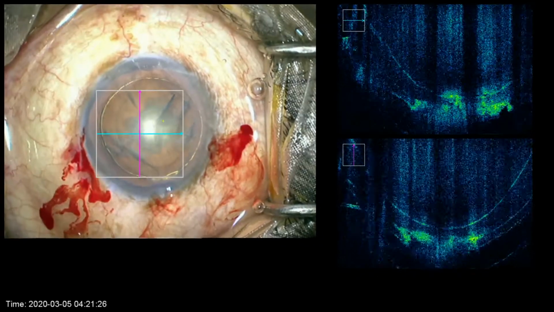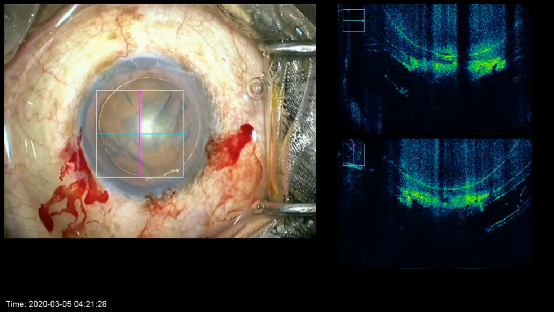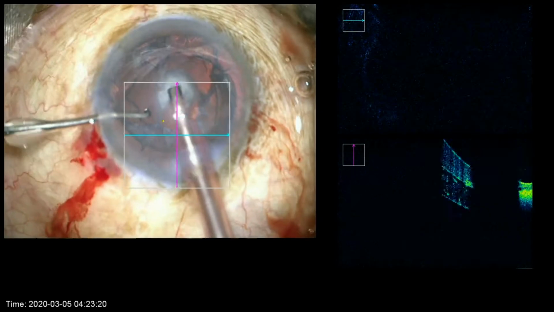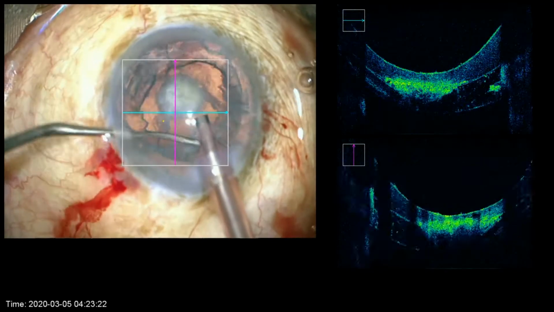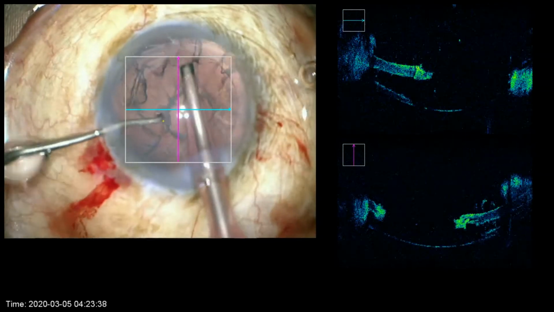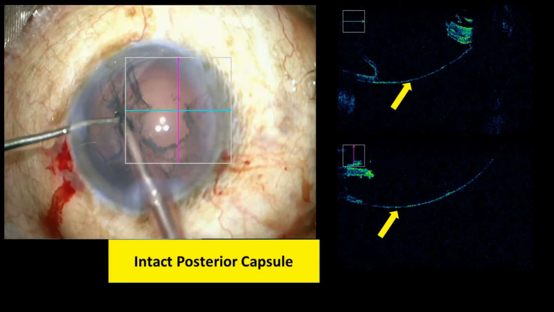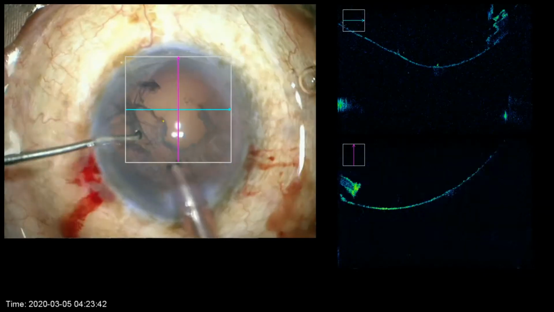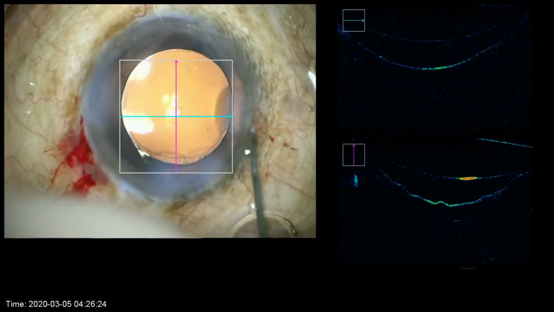The integrity of posterior capsule was confirmed on IOCT. The epinuclear cushion was maintained during nucleus emulsification. The posterior capsule was intact till the end of surgery. A foldable intraocular lens was implanted in the bag and an intact PC was seen on IOCT.